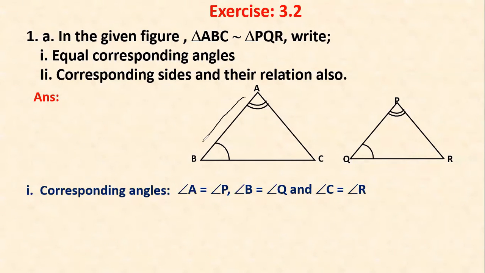Yes, AB corresponds with PQ. Please listen here: angle C and angle R are already equal, so the side opposite angle C, AB, and the side opposite angle R, PQ, are corresponding. Similarly, BC and QR, opposite angle P.